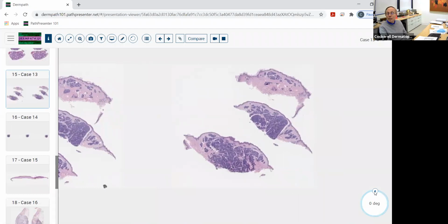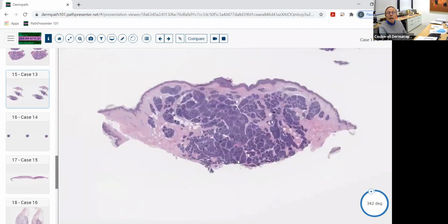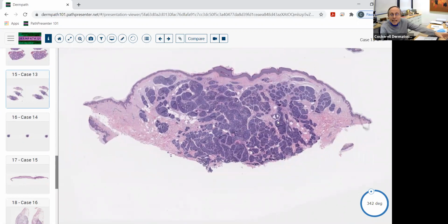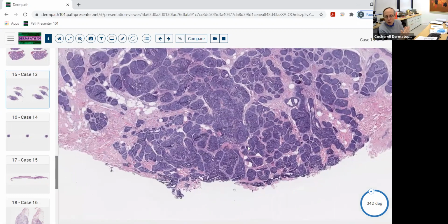Okay, this case here, so we're going to look at this in a higher magnification and notice that it's got these individual small basophilic aggregations of cells. And notice how they're almost put together like a little jigsaw puzzle, if you will.